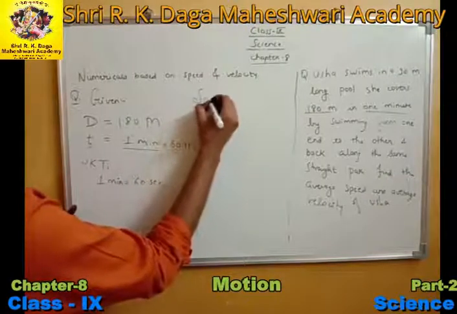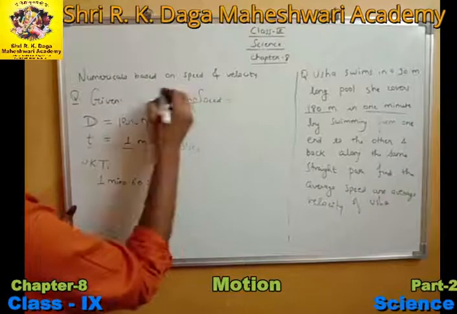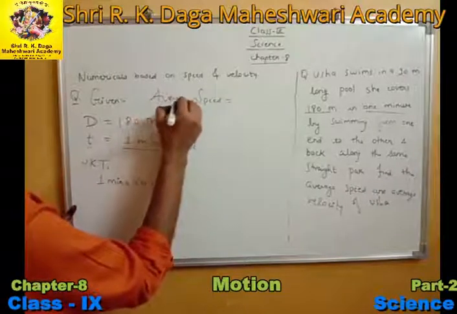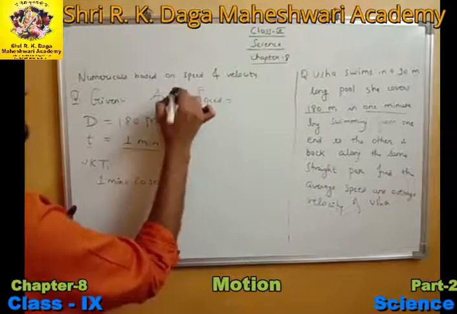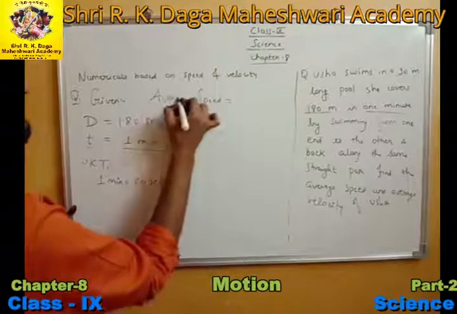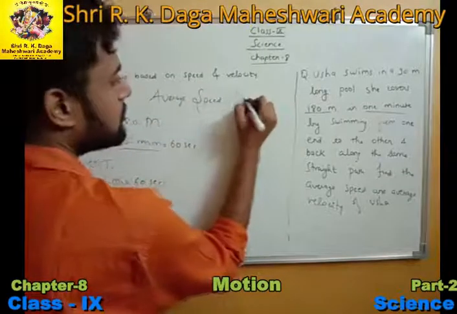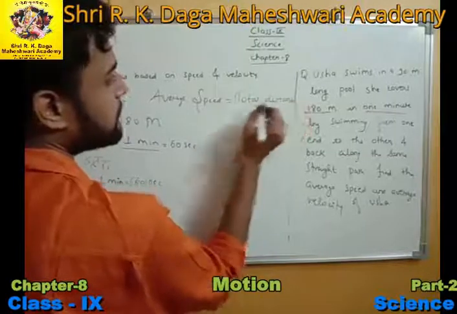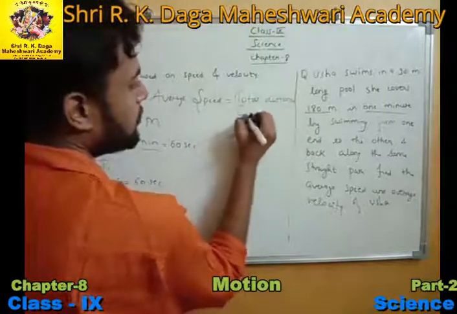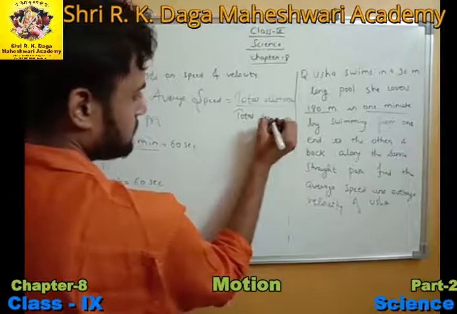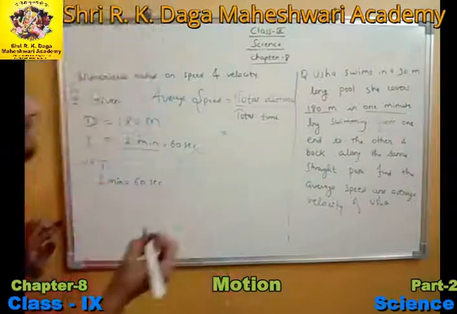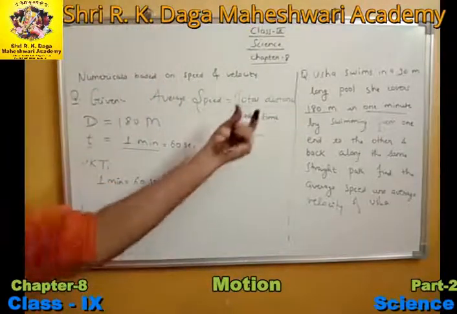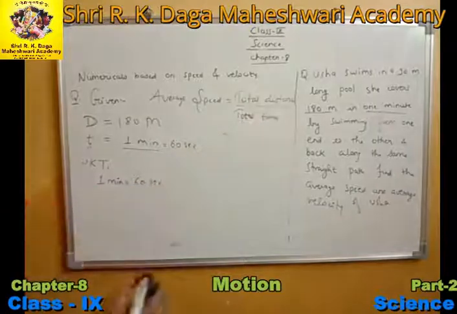So the average speed of Usha can be given by total distance traveled by her upon total time taken by her. What is the total distance that she traveled?